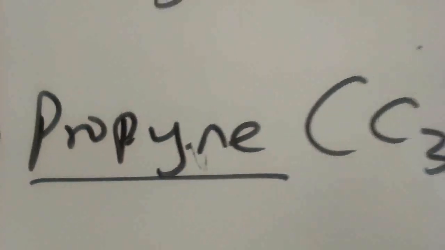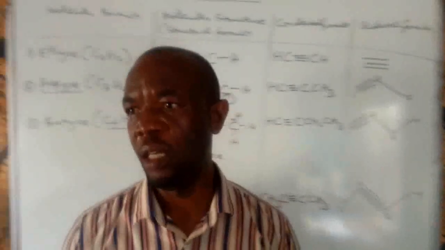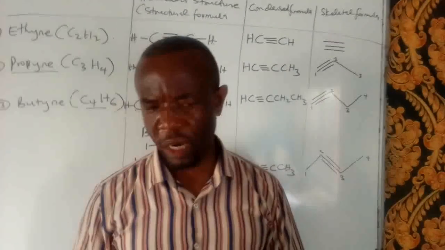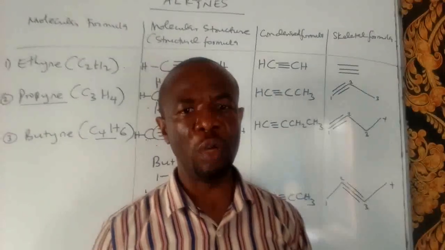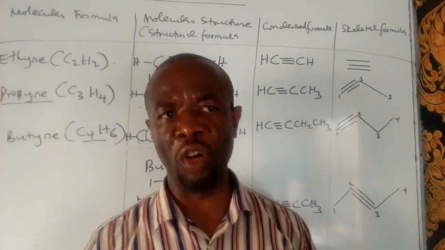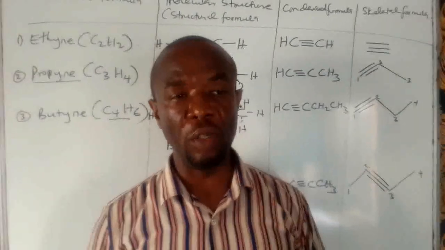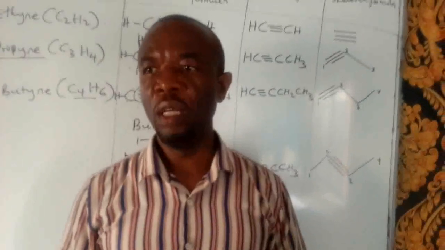So having done that, we have come to the end of this tutorial for today's lesson, hydrocarbons, alkynes. In our next video in organic chemistry, we're going to be looking at the definition of organic compounds based on the homologous series, and how to identify organic compounds based on these homologous series.